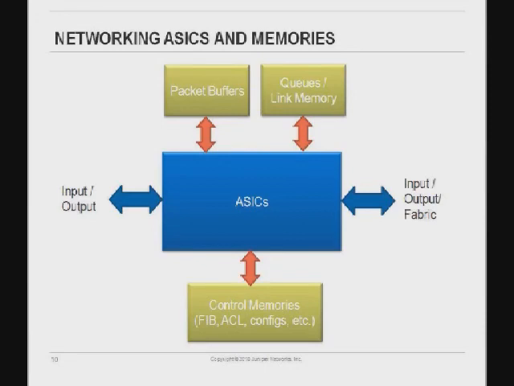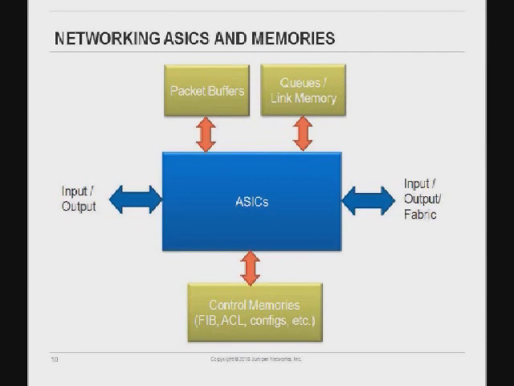And then the packets are usually segmented into fixed size cells, and they need to be linked together. That's the memory I show on the right side of the top. Those are the queues and link memories that you use to find the entire packet. So the packets are usually managed as linked lists on our chips.